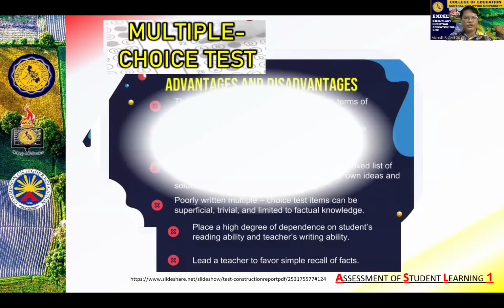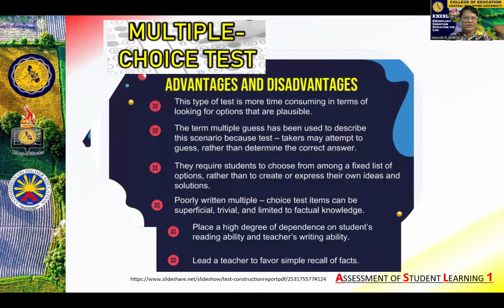For the disadvantages, this type of test is more time consuming in terms of looking for options that are plausible. That's why we need to allot time for students to answer. The term multiple guess has been used to describe the scenario because test takers may attempt to guess rather than determine the correct answer.